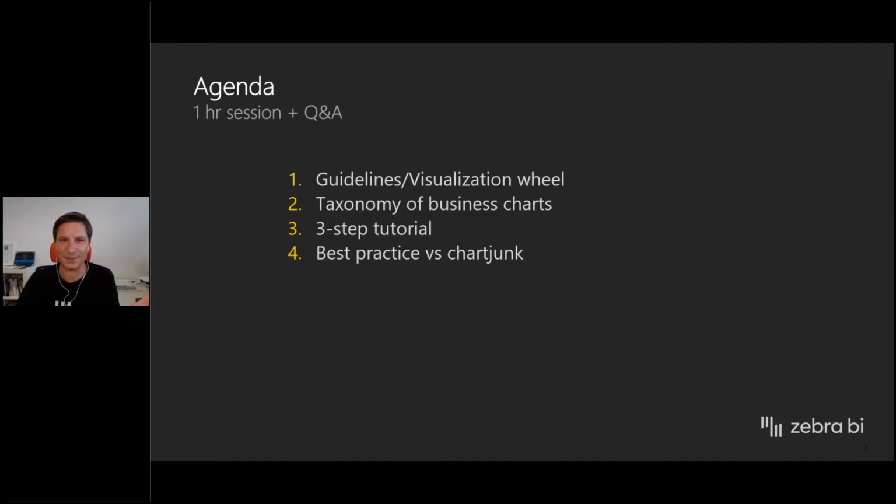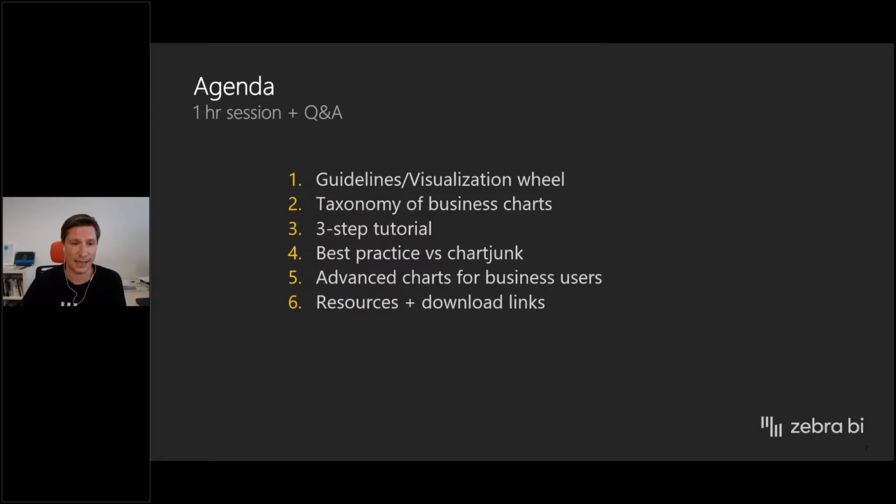We'll talk a little bit about the best practice in designing charts versus the so-called chart junk, which you don't want to deliver. And at the end, we'll also show a couple of more advanced chart types for business users in business intelligence. And I'll share the resources and download links and Q&A at the end.